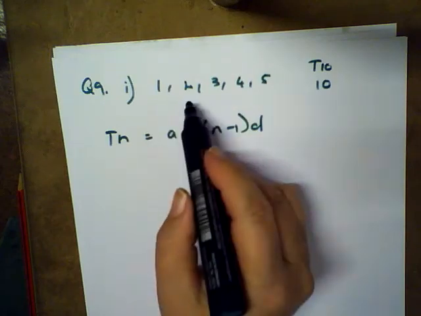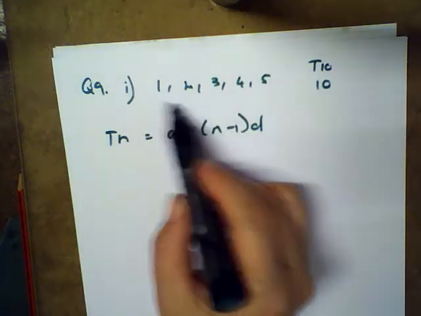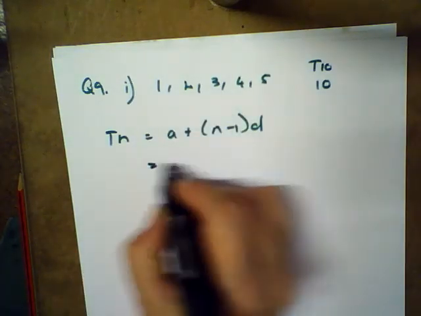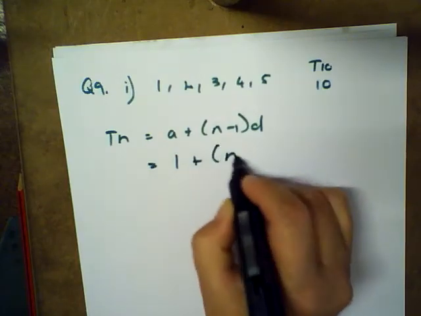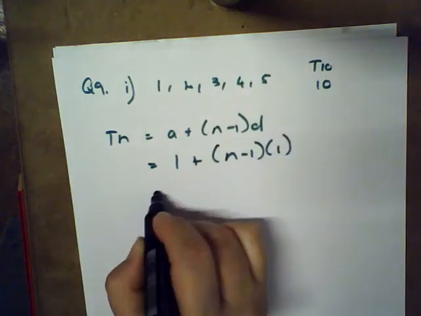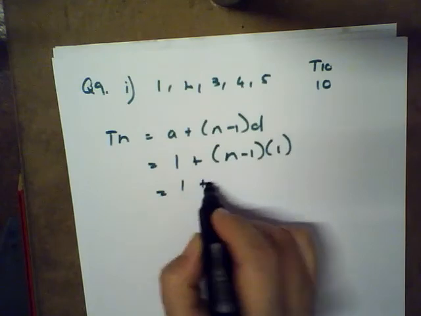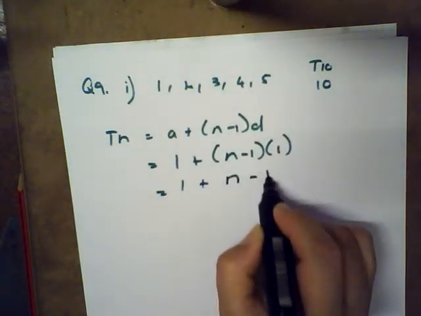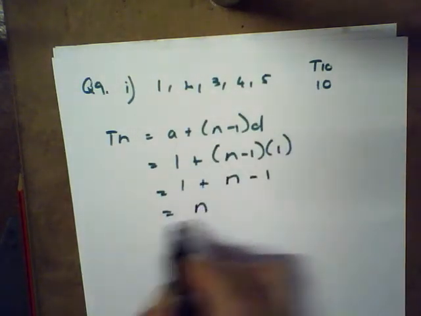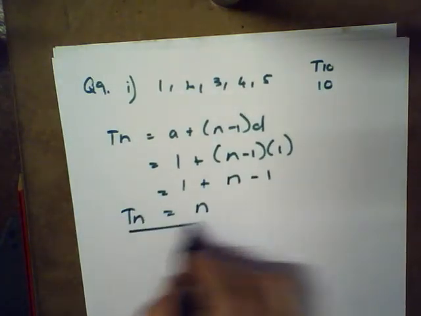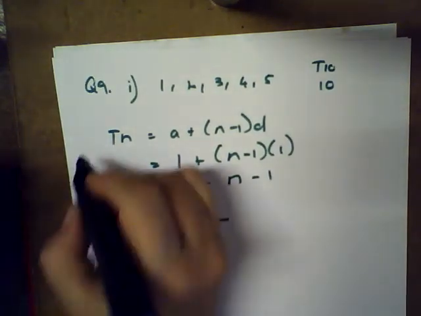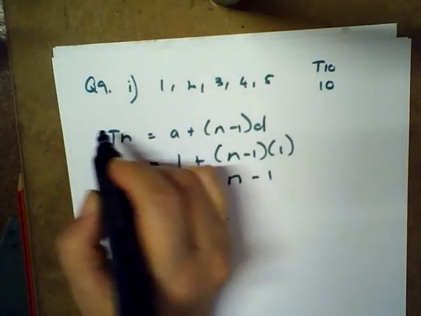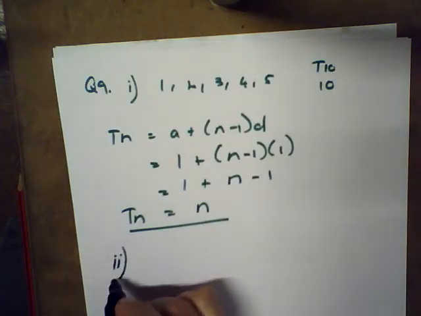I know it's an arithmetic sequence because it has a common difference of 1. A is my first term, and 1 plus n minus 1 would just give me n. So my nth term in this case is just going to be n. So that was number 1i. Let's go to number 2i.